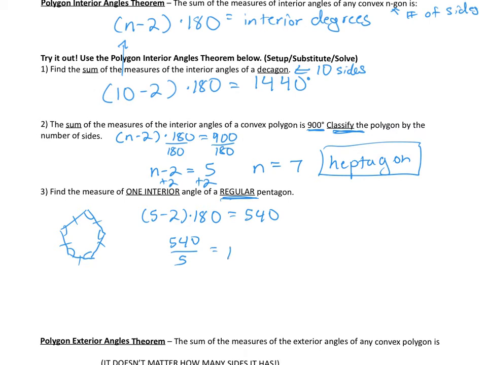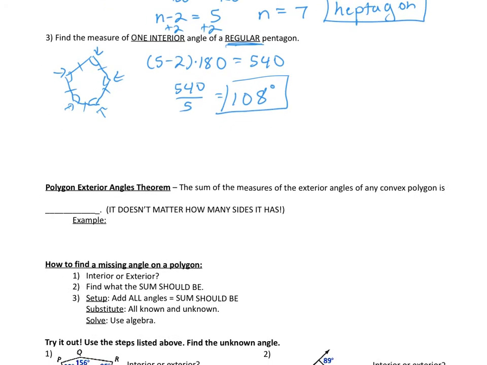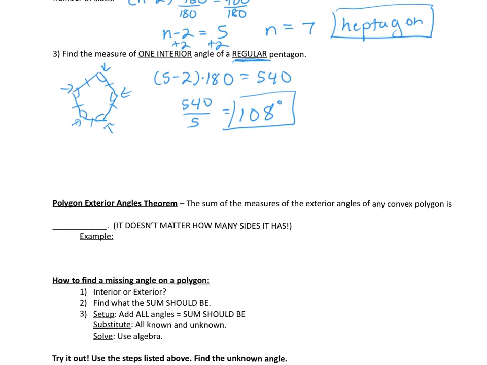That means all the angles equal 108. So this is 108, this is 108, this is 108, this is 108, and this is 108, and they all add up to 540 degrees.